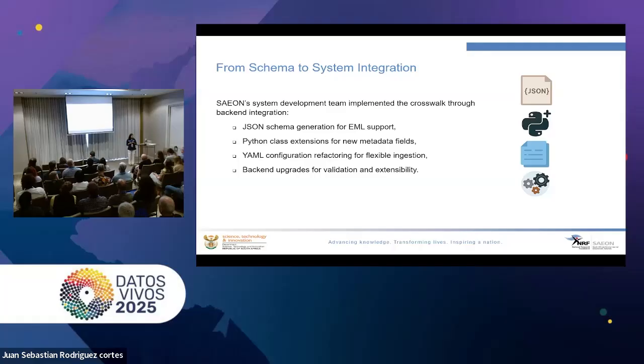Our validation system was also upgraded to ensure adaptability to future standards. But in all of those very jargony development terms, it basically meant that the crosswalk became a functional layer within our system to support integrated metadata.